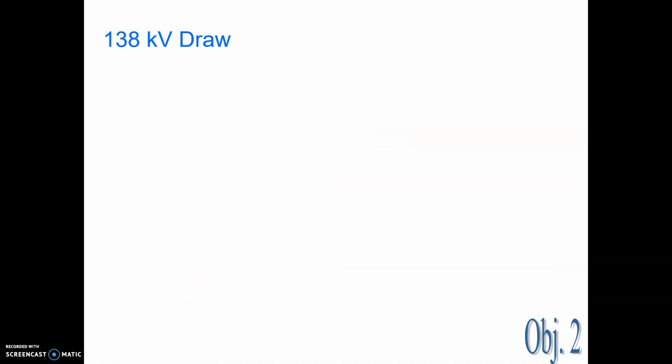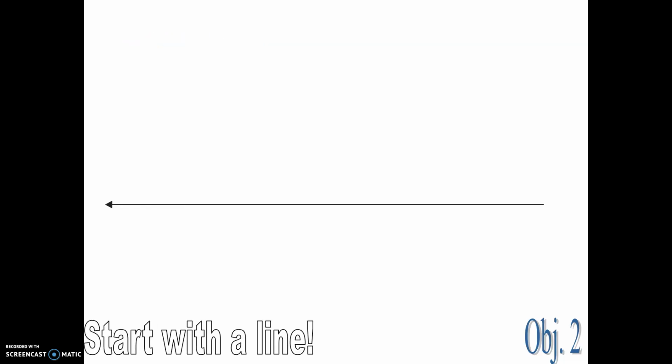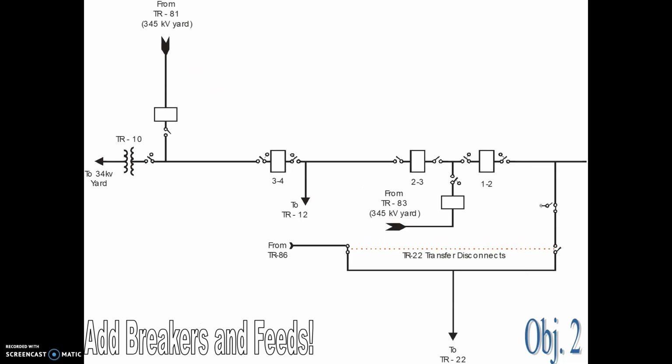Let's move on to the 138 kV switchyard. If you remember back to Objective 1 video, we said that the 138 kV switchyard was different from the 345 kV switchyard in that it wasn't a ring bus. It's a straight line bus. Our straight line bus is broken up into 4 separate buses separated by disconnects.